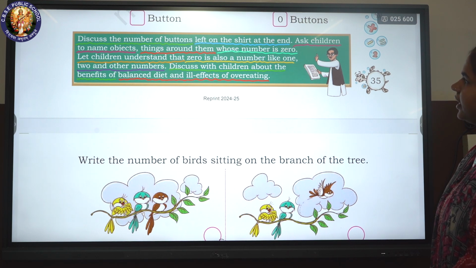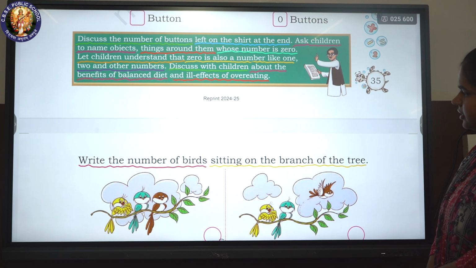Let children understand that 0 is also a number like 1, 2 and other numbers. Discuss with children about the benefits of a balanced diet and ill effects of overeating.